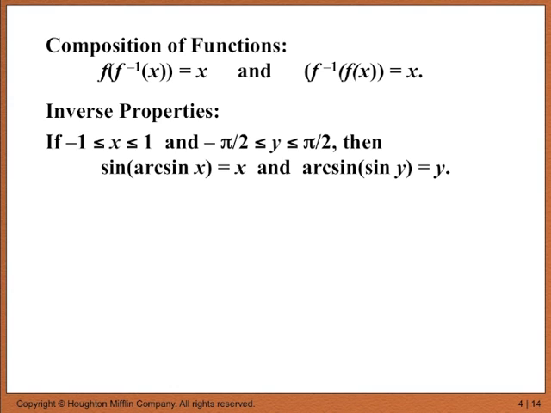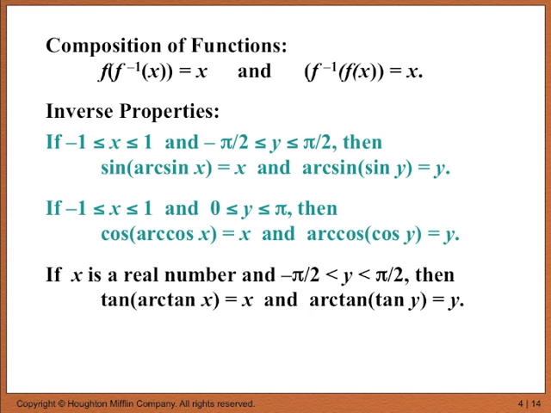Inverse properties. This is the main intrinsic property of inverses, that they undo each other. So, of course, sine of arcsine x is just x, and arcsine of sine y is just y. And this first line here, if negative 1 is less than or equal to x is less than or equal to 1, and negative pi over 2 is less than or equal to y is less than or equal to pi over 2, all that is just restricting domains. You don't need to worry about that part. The main thing here is that the sine function undoes the arcsine function and vice versa.